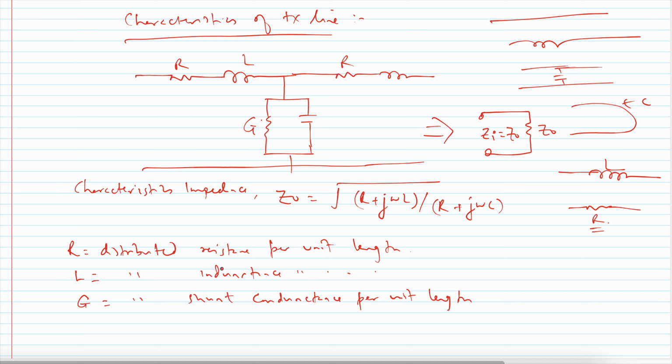This is G and this is C, and C is distributed shunt capacitance per unit length.